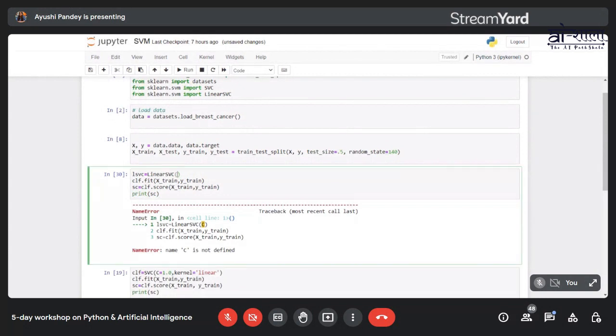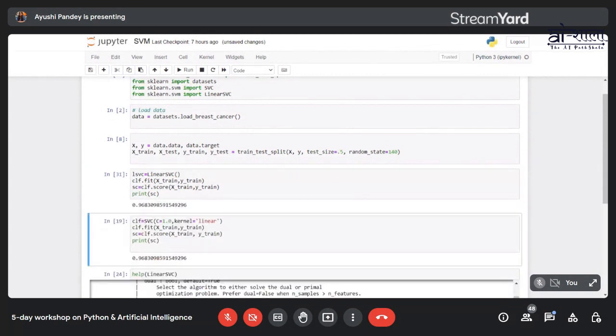By default, the value didn't change. So the data is very good and linearly separable, because the problem statement is we want our data to be linearly separable.